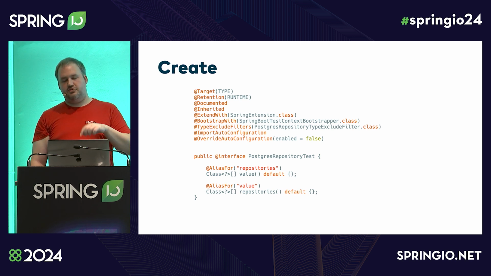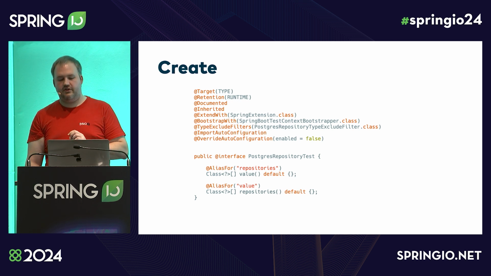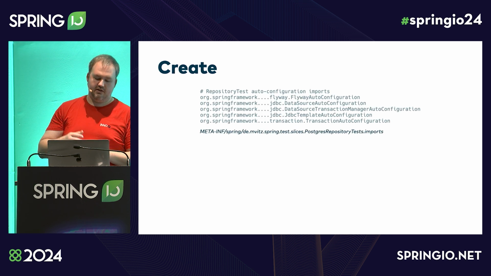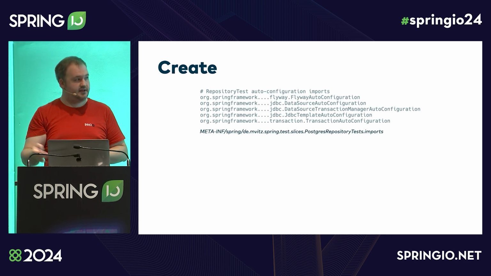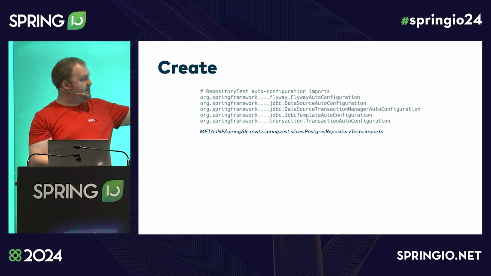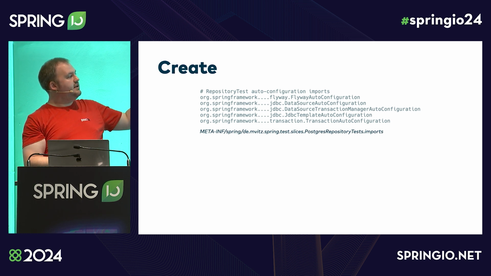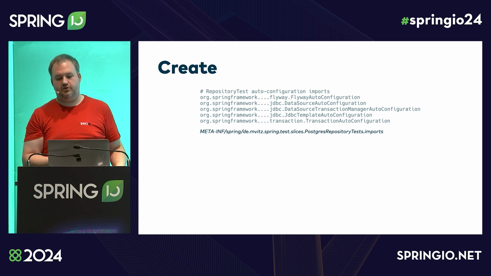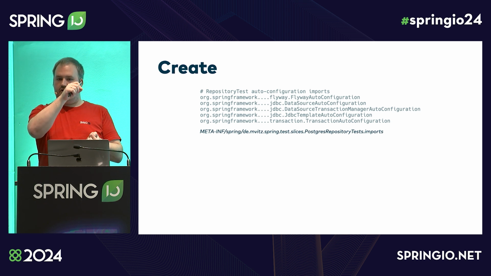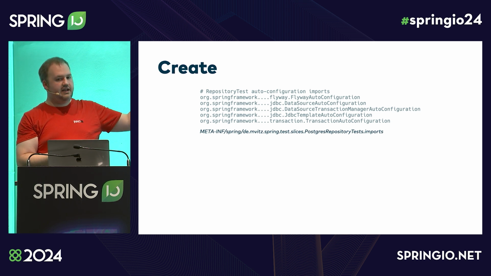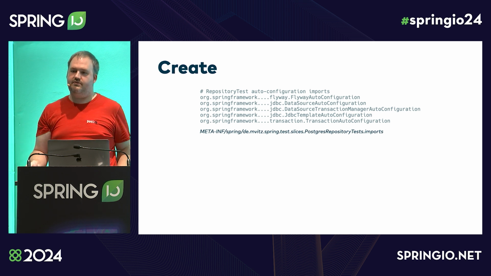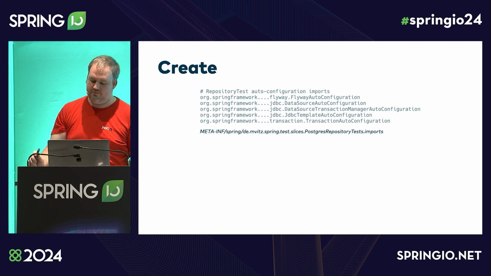And to specify which auto configurations to load, Spring test or Spring Boot test looks at a specific place, and in that case it's META-INF/spring/ the name of your annotation .imports. Sorry. So there we specify all the auto configurations that our test slice loads, and there is such a file for every existing test slice within the framework itself.